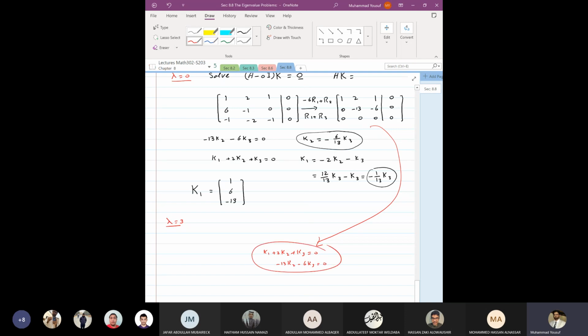This is what is left after row operations. How many variables? Three. How many equations? Two. If there are 3 variables and 2 equations, the number of variables is more and the number of equations is less, then there is one free parameter, one free variable. So the same idea is here. Clear? Yes, clear. Thank you. Very good.